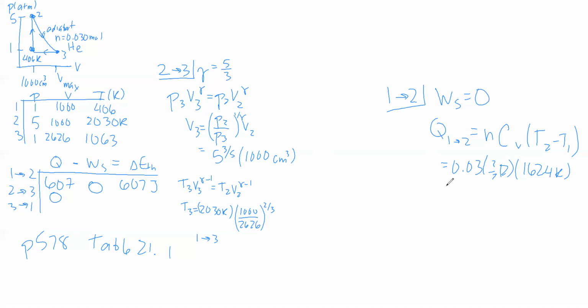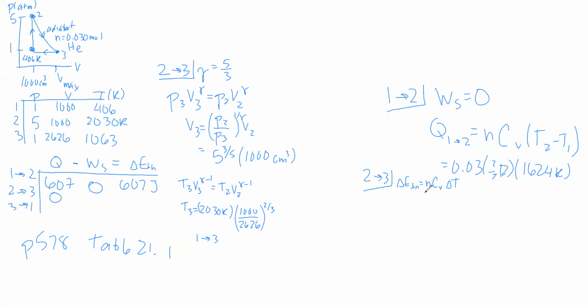I could use the work equation for the adiabatic process, or I would just do the change in thermal energy. For any gas process, the change in thermal energy is equal to the number of moles times its specific heat at constant volume times its change in temperature.